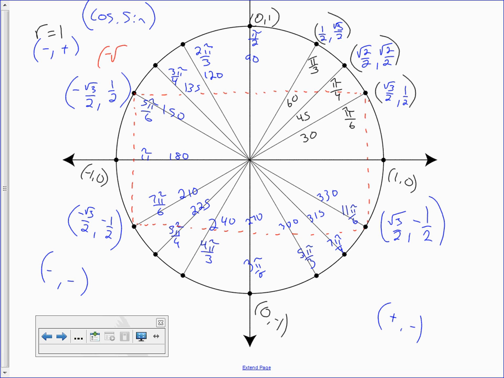Very good. So it's negative root 2 over 2, root 2 over 2. At 5 pi over 4, they're both negative. And then at 7 pi over 4, it's root 2 over 2, negative root 2 over 2.